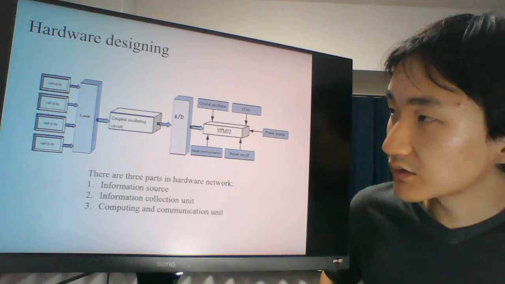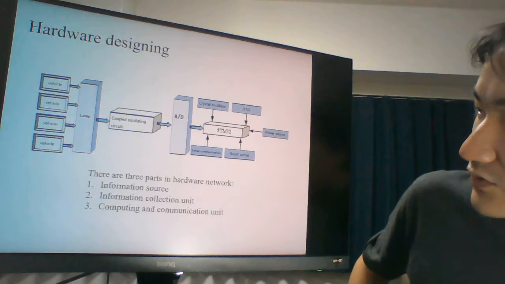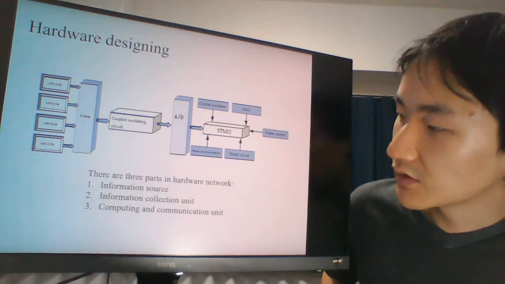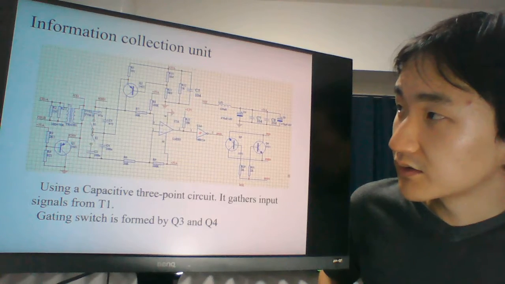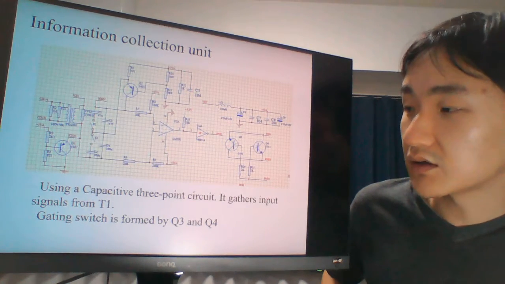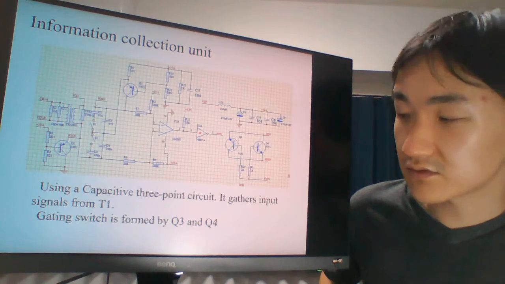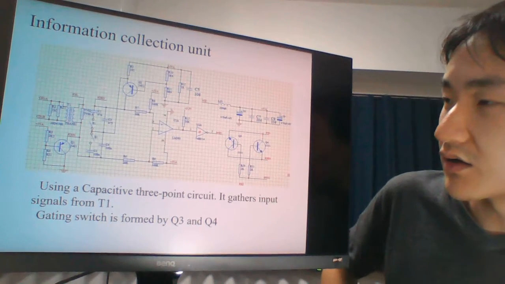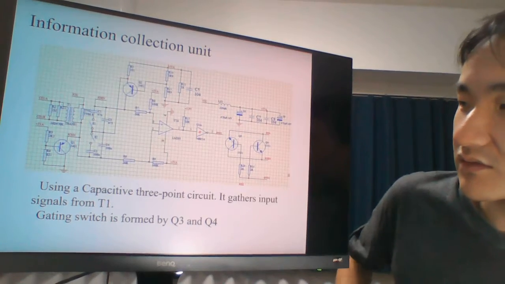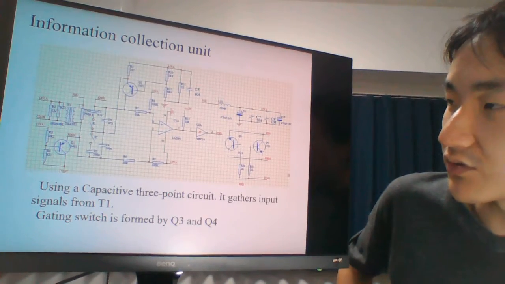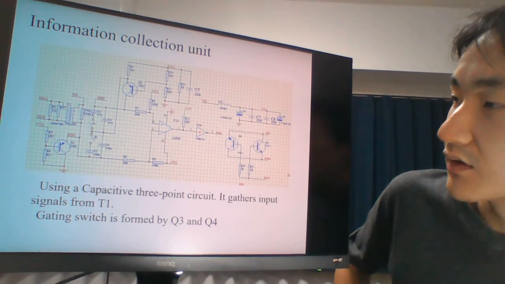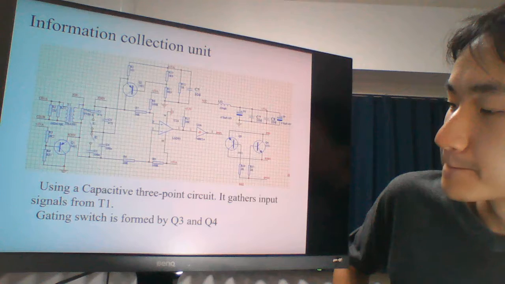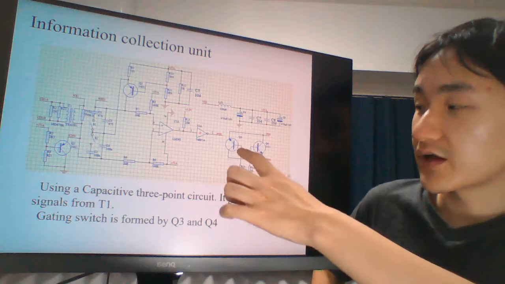And I would like to introduce this part first, the information collection unit. Using a capacitive three-point circuit, which is a classic circuit, it gathers signals from this point, T1. And the gating switch is formed by Q3 and Q4.